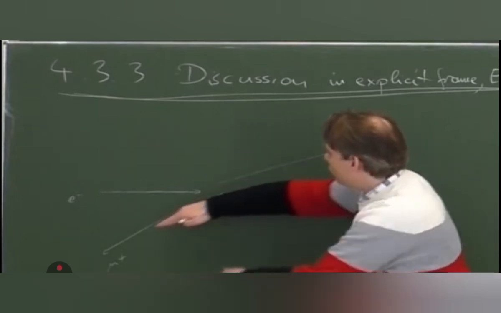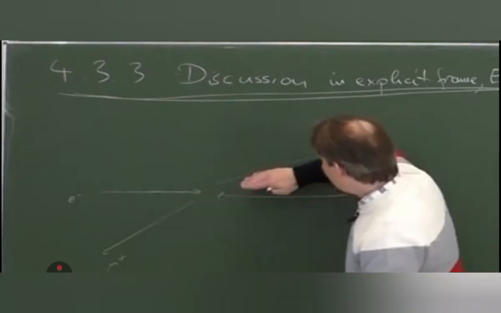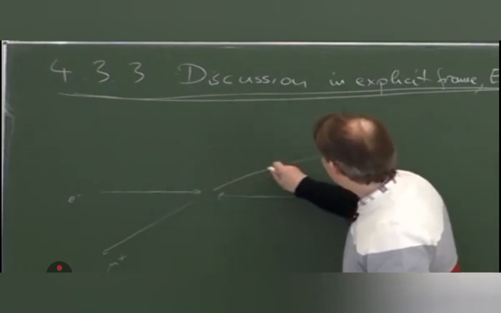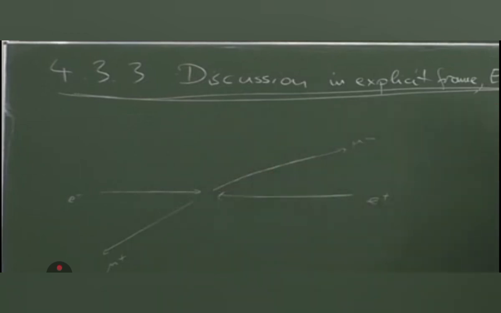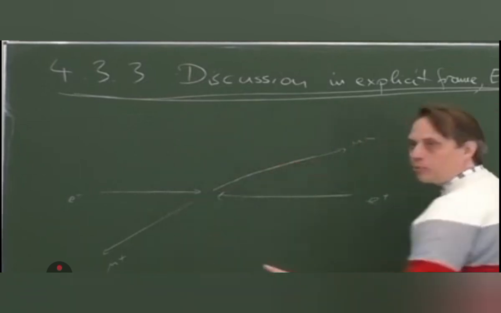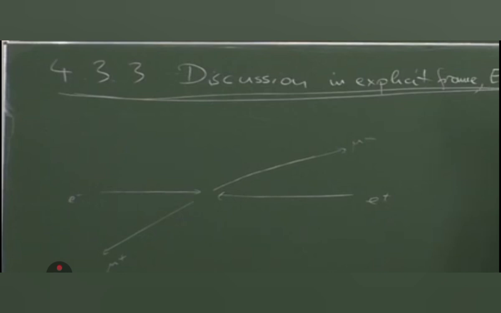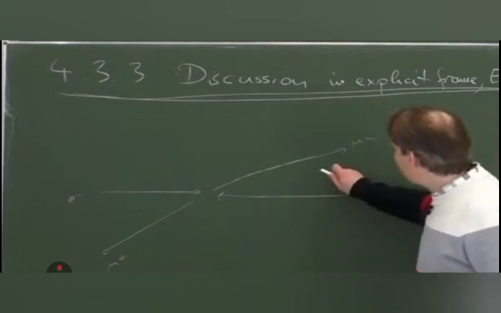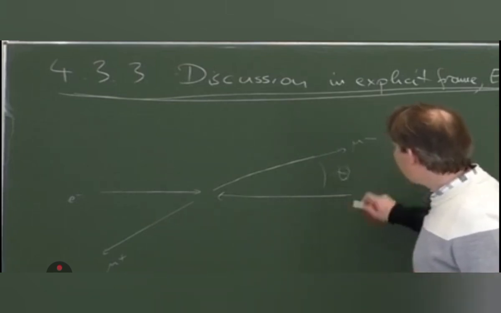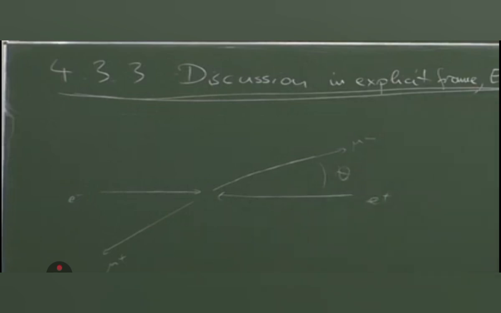Therefore, they are also exactly on a one-dimensional line. And therefore, all the four particles are in one single plane. Without loss of generality, we can simply consider the xz plane, where the y coordinate is 0. And then we have one angle theta, which describes our collision and the final state.